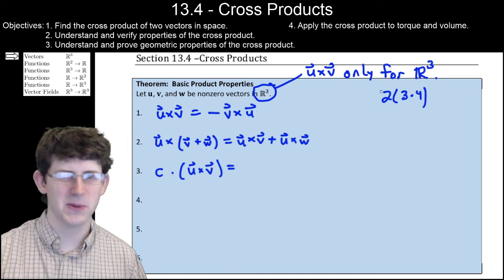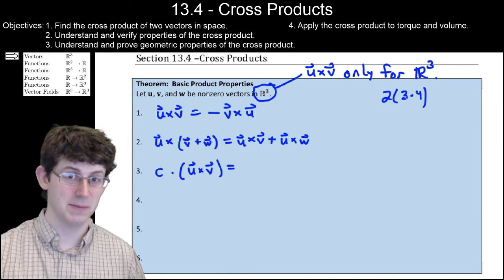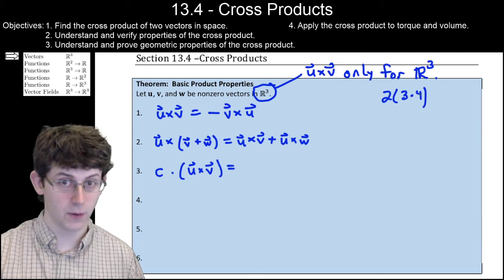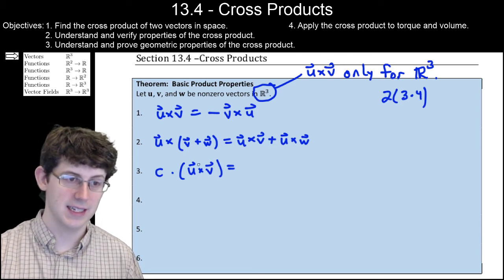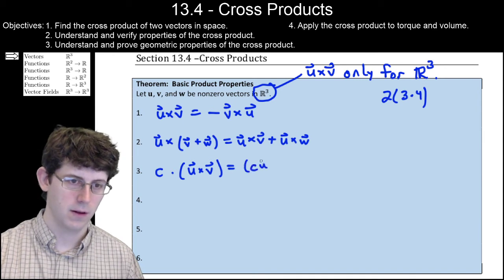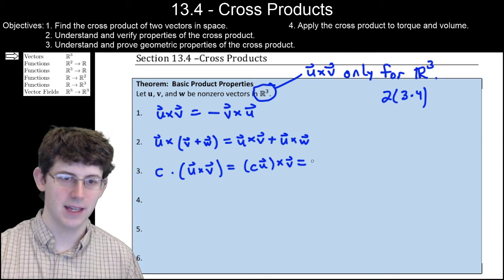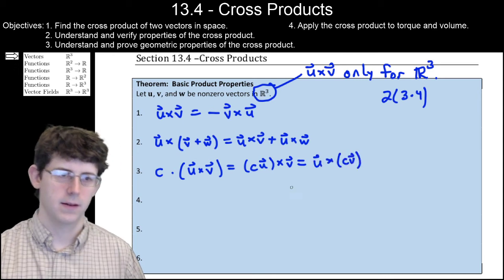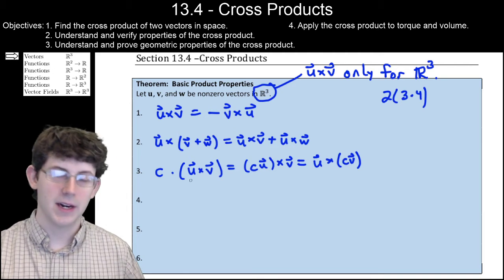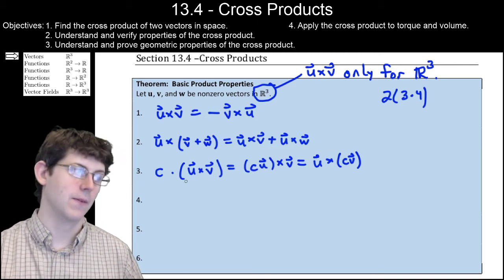Like, you don't distribute the 2 here. You either multiply the 2 times 3 or you multiply the 2 times 4. You don't use it twice. And similarly here, you can either put the c on the u or you can put the c on the v. So the cross product works like multiplication in that way.